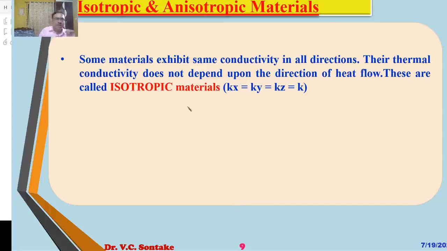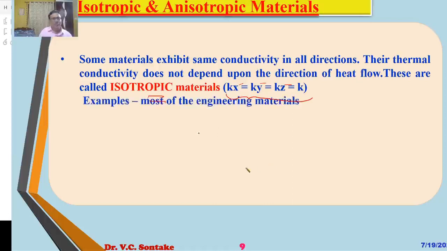Such materials are called isotropic materials, and their thermal conductivity will be constant whether the heat is flowing in the x direction, y direction, or z direction. Most of the engineering materials for practical purposes are considered as isotropic materials.